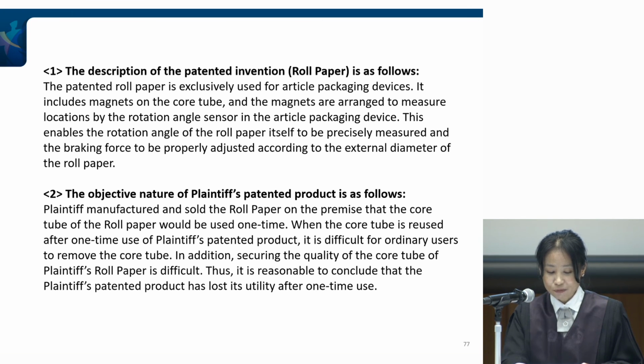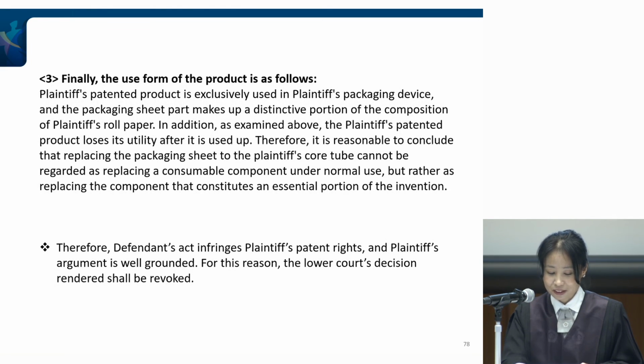Finally, the use form of the product is as follows. The plaintiff's patented product is exclusively used in the plaintiff's packaging device, and the packaging sheet part makes up a distinctive portion of the composition of the plaintiff's wallpaper. In addition, as examined above, the plaintiff's patented product loses its utility after it is used up.